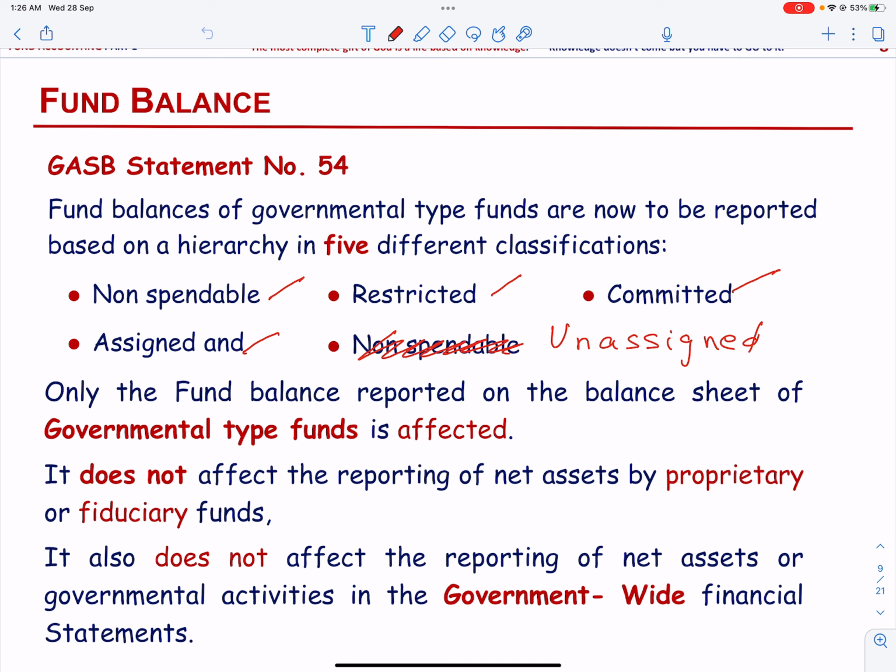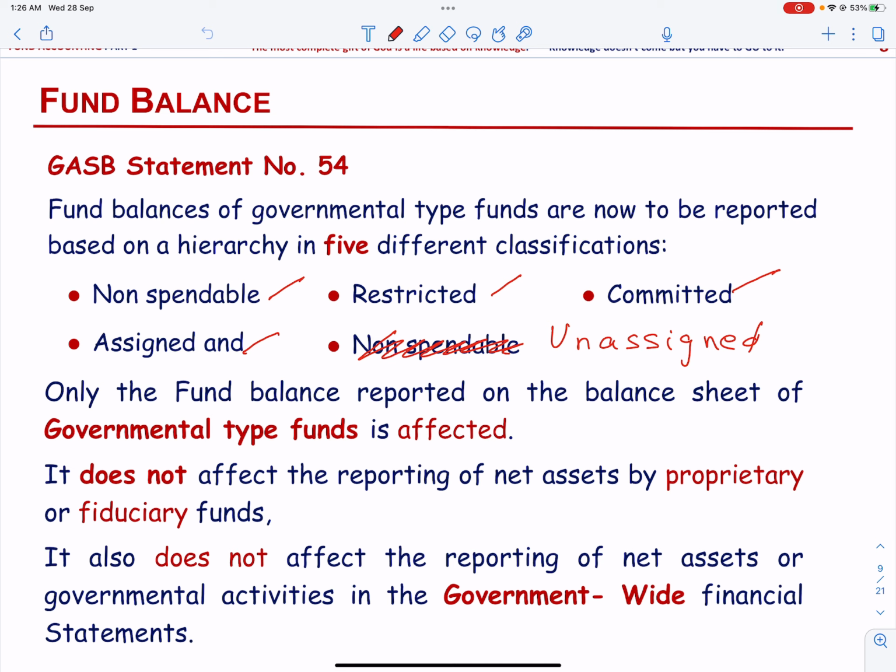So governmental funds can be spent under any of these 5 headings, and these 5 headings can be grouped into spendable or non-spendable. GASB statement number 54 states that only the fund balance reported on the balance sheet of governmental type fund is affected.